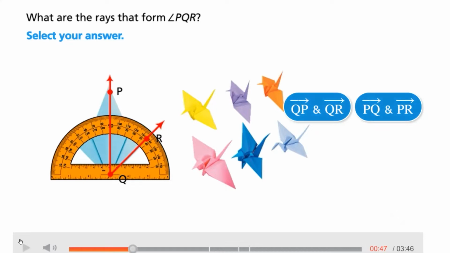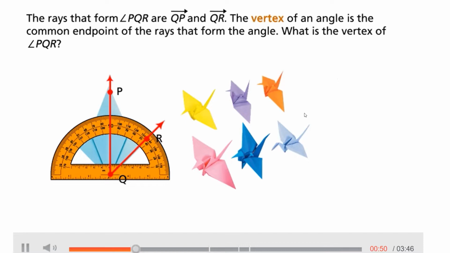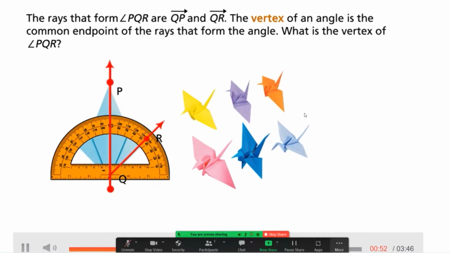Now in an angle, we have two rays that share the same endpoint. So over here we have ray QP, and here we have also ray QR. The rays that form angle PQR are ray QP and ray QR.